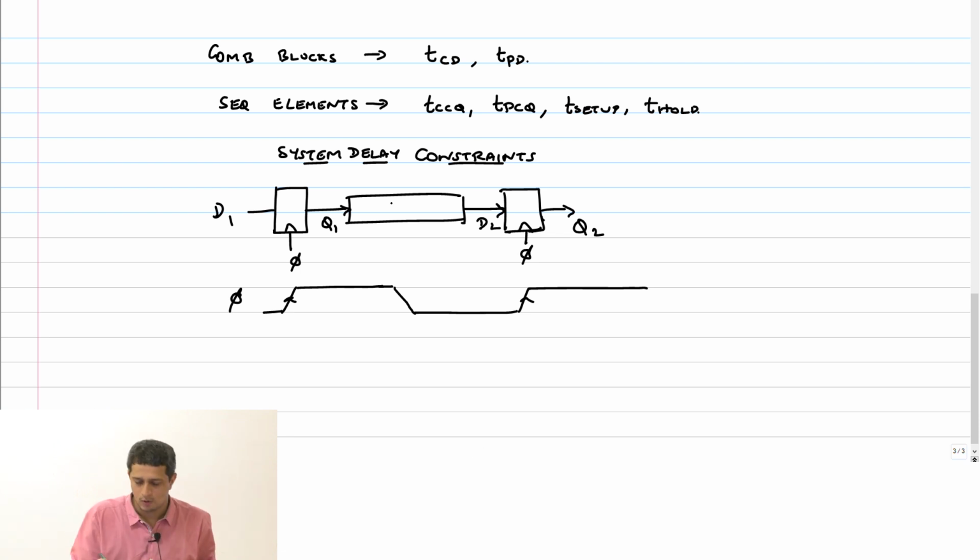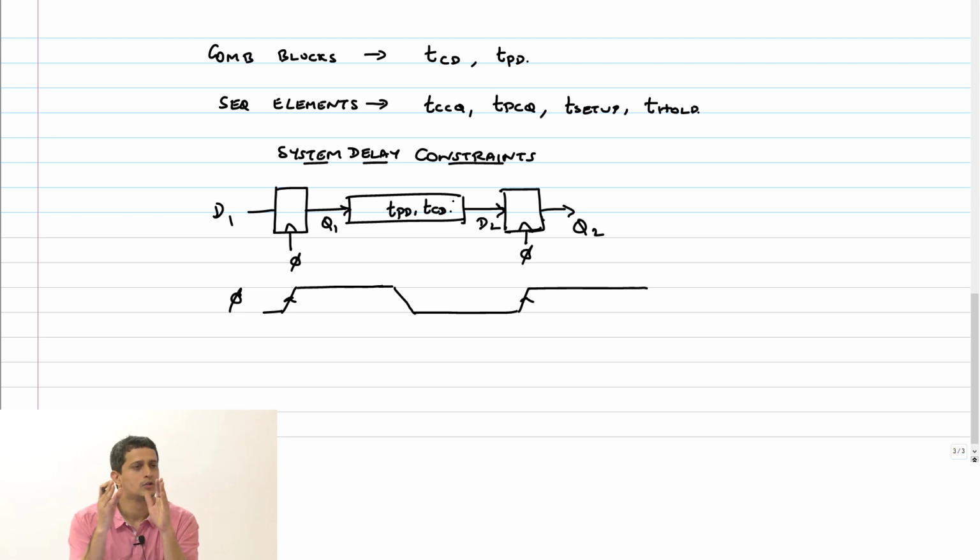Now I want to find out, this is TPD, TCD. What is the maximum delay that I can insert between these two flops so that this system will not fail? What is the combinational block and what is the maximum delay of that combinational block that I can insert between these two flops so that the system doesn't fail?